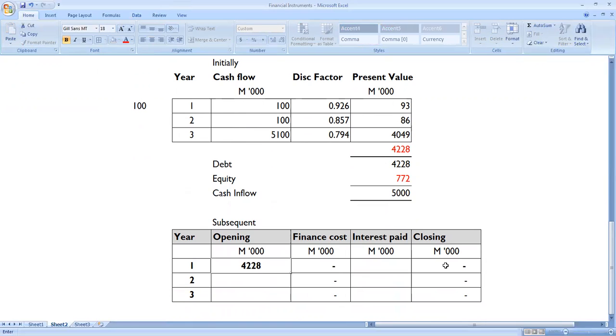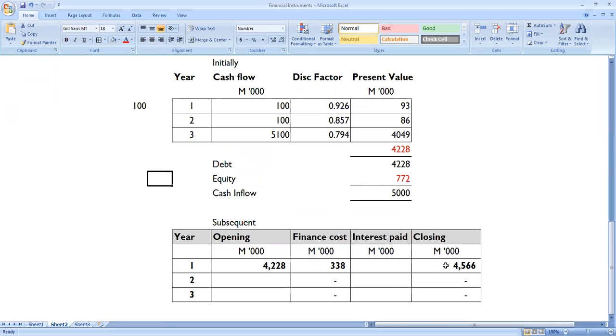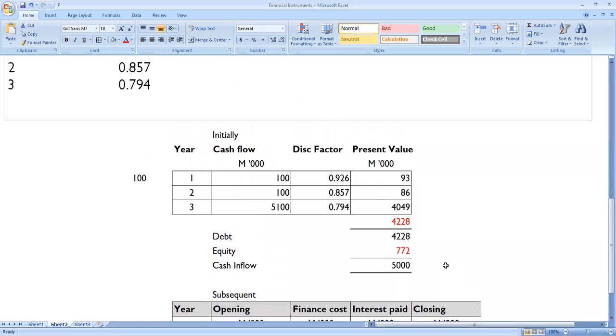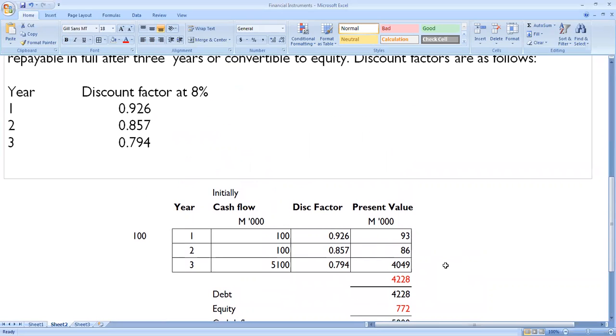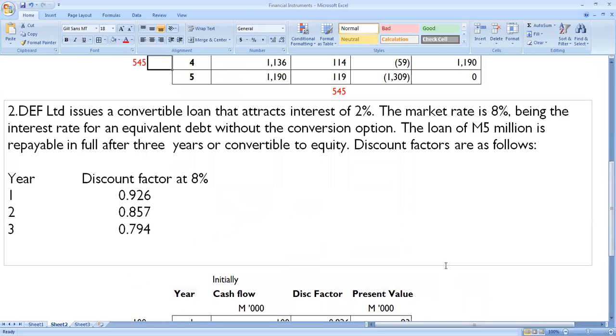The opening is 42.28. Then we have our finance cost, then interest paid. Let's see how much our interest paid is.